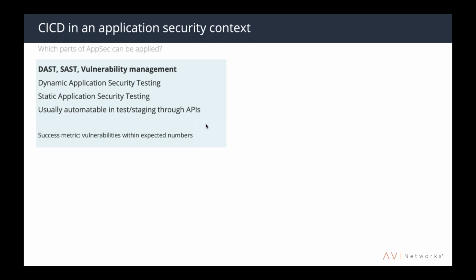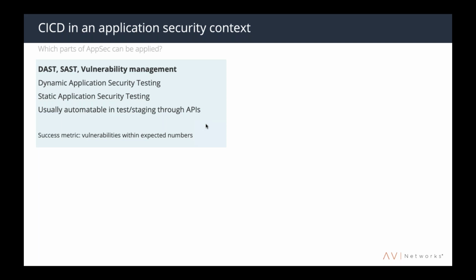So first of all, we could include things like DAST or SAST scanners, basically dynamic security tools that scan from the outside as a black box, or static application security testing tools that look at the application code and try to find vulnerabilities there. Those are usually automatable and testable in staging through the APIs that they deliver.